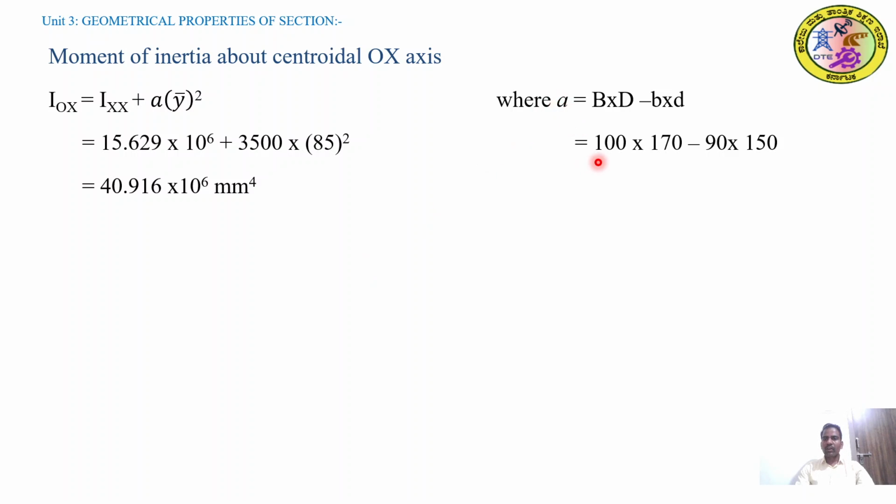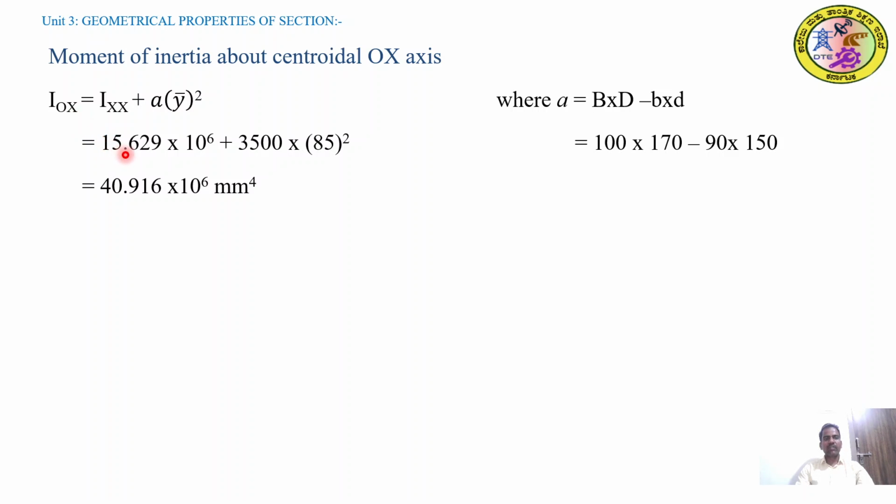Next, we need to find the moment of inertia about the OX axis, where, as I already told you, we need to consider the I section as a whole rectangle, that is a 100 by 170 rectangle, and within that we have to deduct the removed portion, 90 by 150 millimeter. The moment of inertia with respect to the OX axis is equal to the moment of inertia with respect to the XX axis plus the area of the rectangle multiplied by y bar squared with respect to the OX axis.